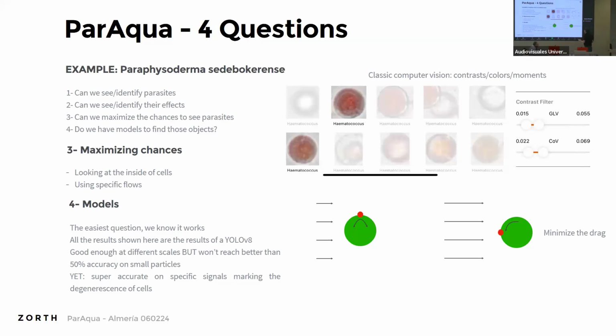In terms of models, well, we got YOLO. YOLO is really good at a lot of things. It's not so good at determining things that are in a huge different range in scale.